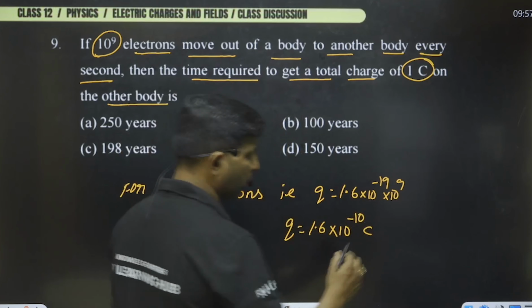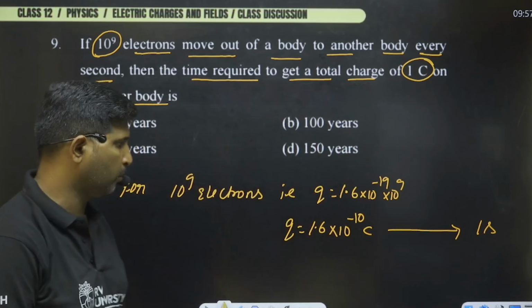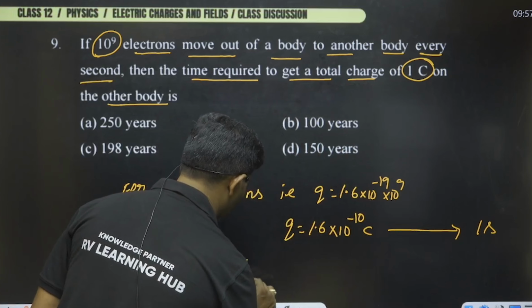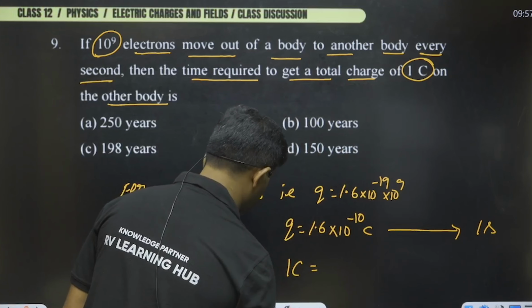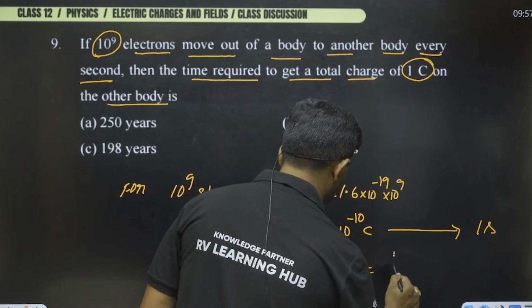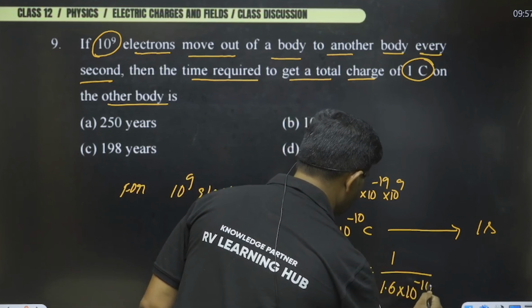This charge requires only 1 second. Therefore, for 1 coulomb, what is the time required here? Time t is equal to 1 divided by 1.6 into 10 to the power of minus 10.